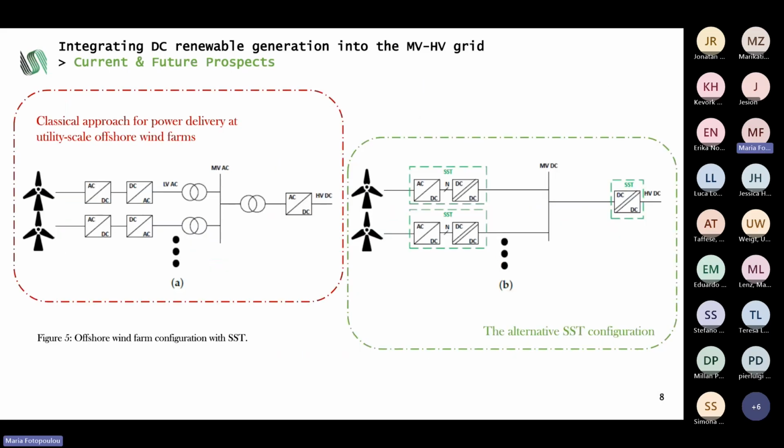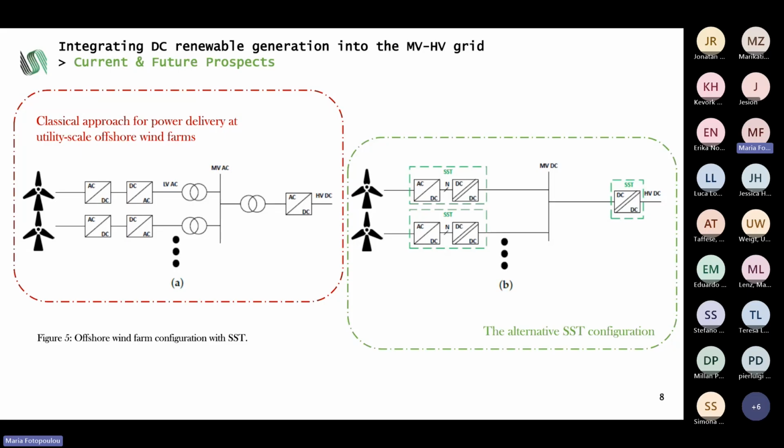And then we have another quite popular application: the offshore wind farm. On the left side, we see the classical approach for power delivery at utility scale offshore wind farms. The wind farm produces AC, which is always converted to DC and then AC again. And the conventional classical approach would be to have low voltage AC, medium voltage AC, and then connect it into high voltage DC.